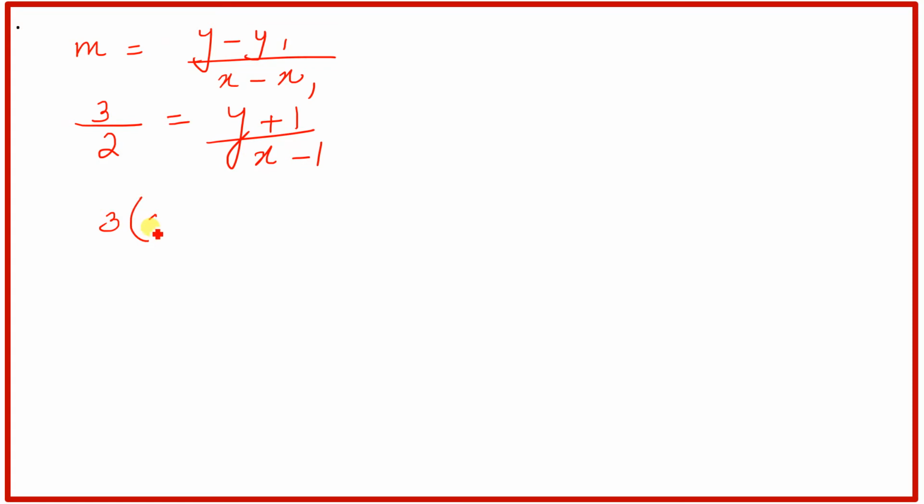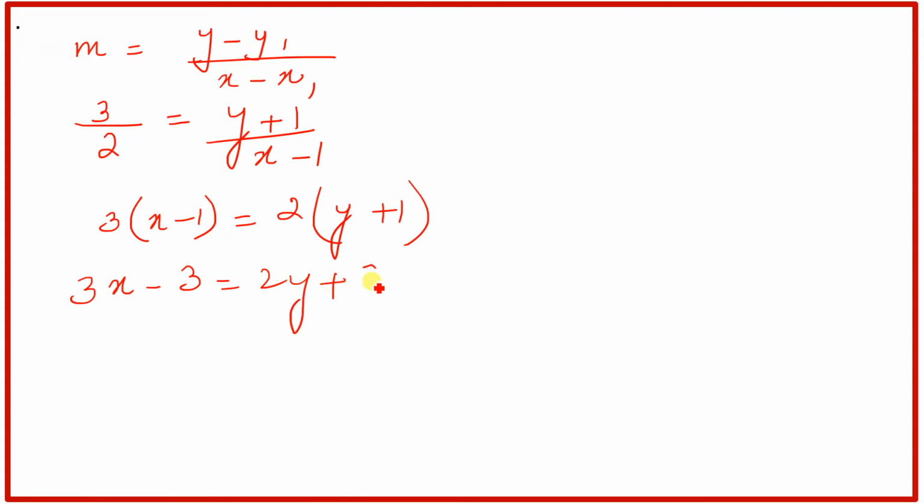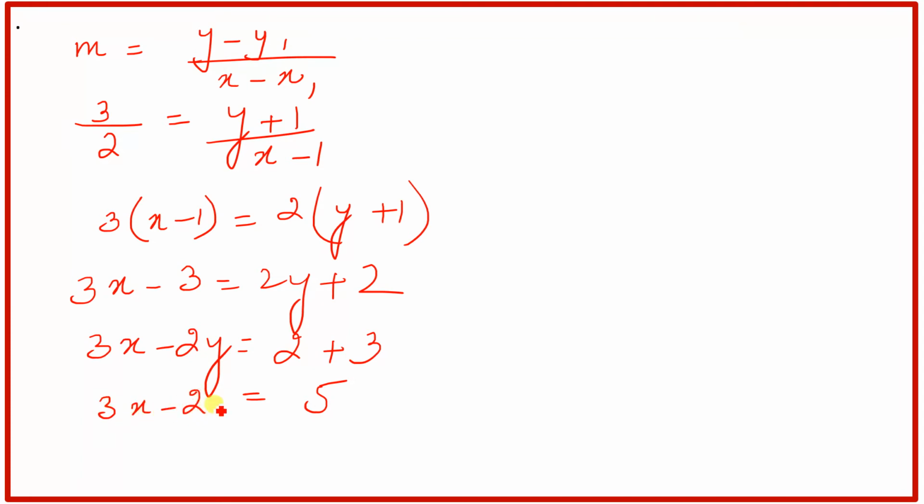We will do cross multiplication now. So it will be 3x minus 3 is equal to 2y plus 2. So 3x minus 2y is equal to 2 plus 3, which is equal to 5. So 3x minus 2y equals 5 is our required equation, part A.